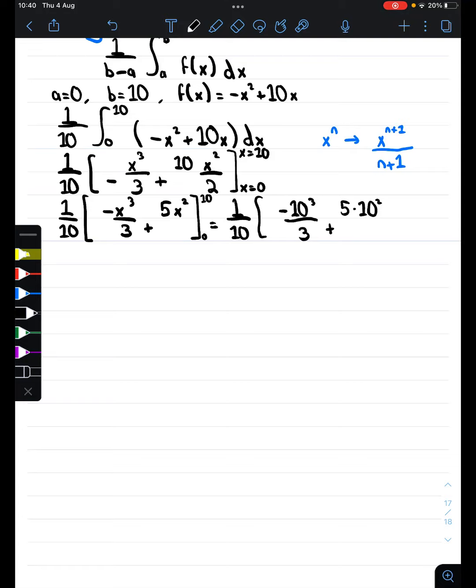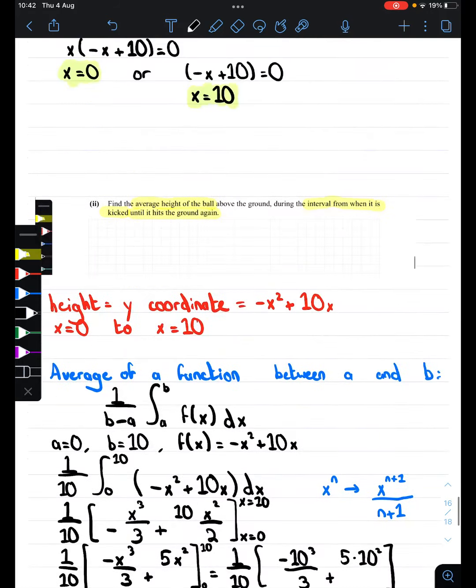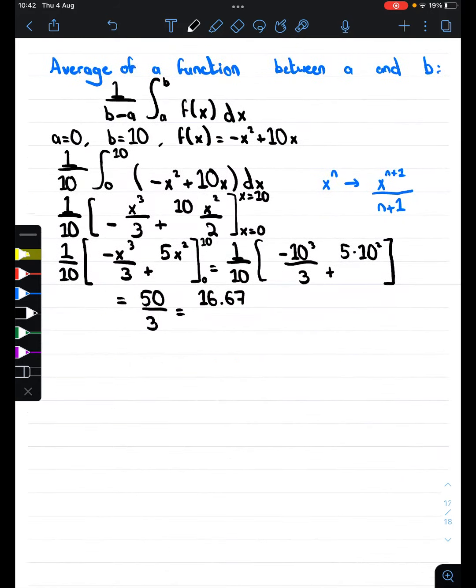So we can just ignore that. And this all equals 50 over 3, which is 16.67 meters. And that's the average height.